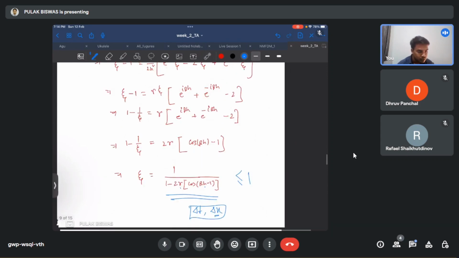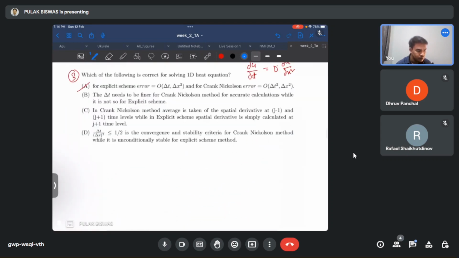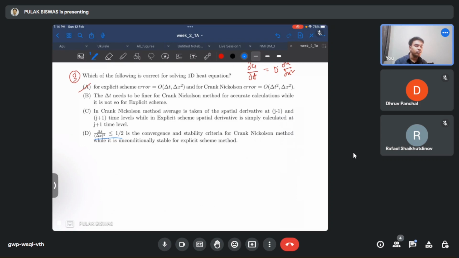So one such relation is like this, as you have seen. For the explicit scheme, this condition should be followed, then the scheme is stable, otherwise it will be unstable.